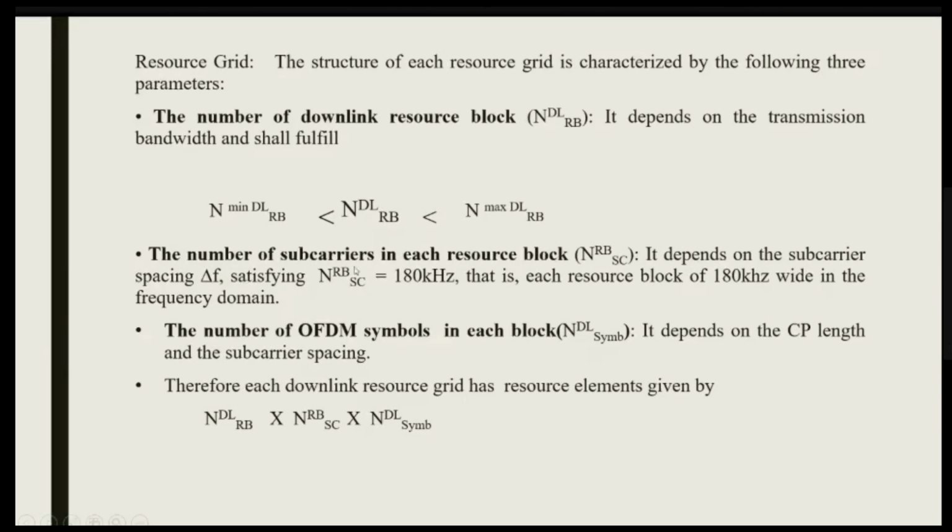The number of subcarriers in each resource block is given by N_RB_SC, and it depends on the subcarrier spacing delta F, which satisfies the condition that the number of resource block subcarriers times delta F should be equal to 180 kilohertz, and each resource block is 180 kilohertz wide in the frequency domain.